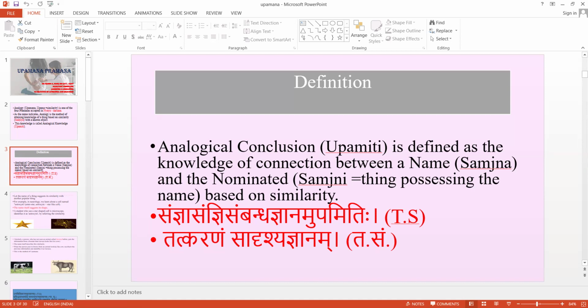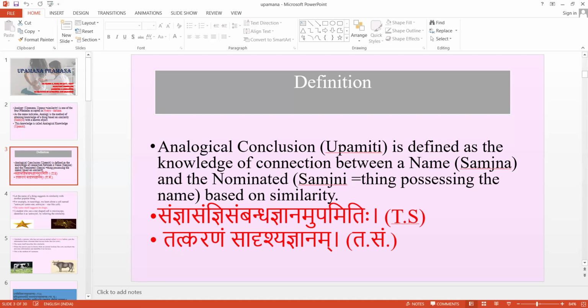When I was doing my PG preparation, the same question was asked in the All India Institute examination in Delhi. What is the pramana implied in Samjna Samjni Sambandha Jnanam? That is called Upamiti.